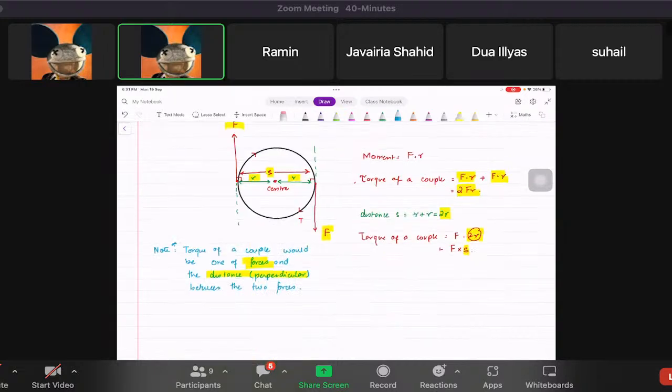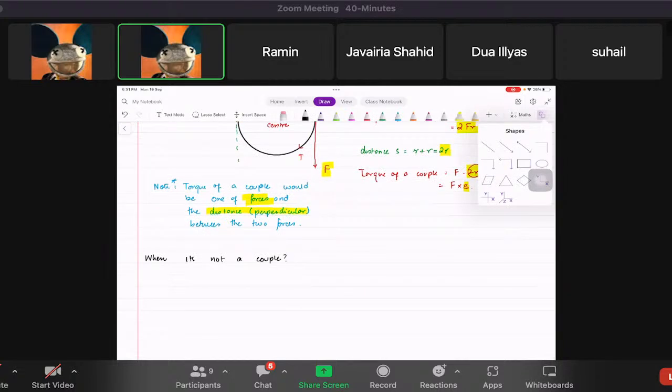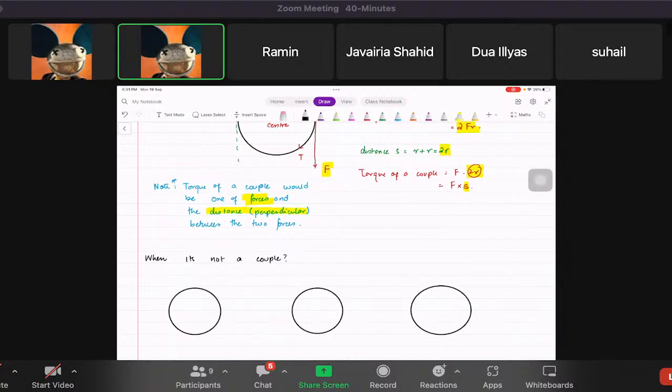All right. Now, the thing is, when it's not a couple. I'm going to show you three different conditions where you might see that it won't be acting as a couple.